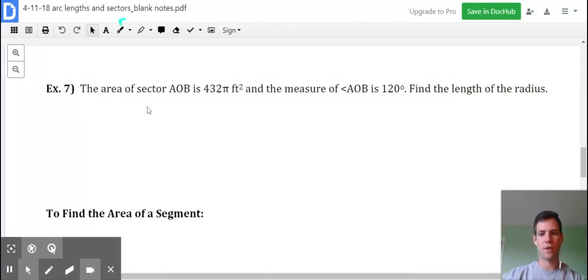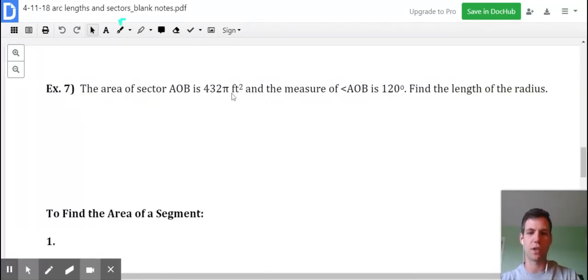In this third sector area problem, we are starting out with the area of a sector being 432 pi feet squared, and we're trying to look for the length of the radius in feet. So we have to work backwards in this problem.